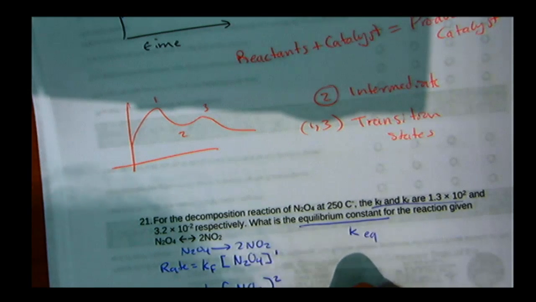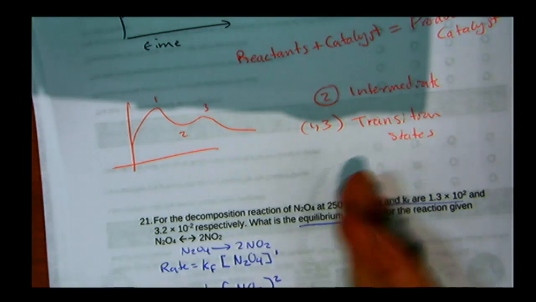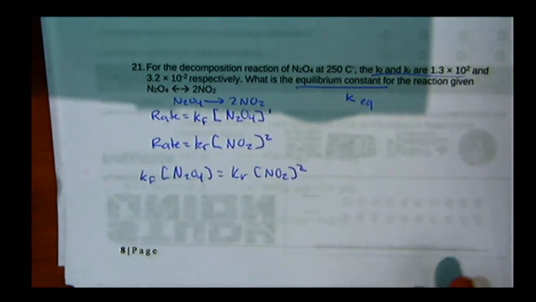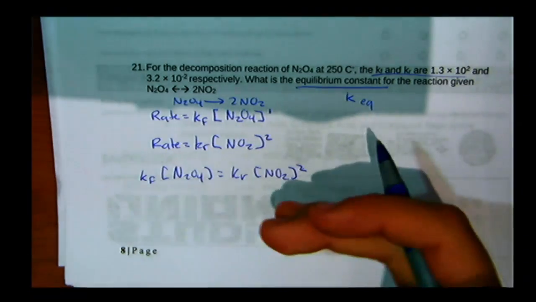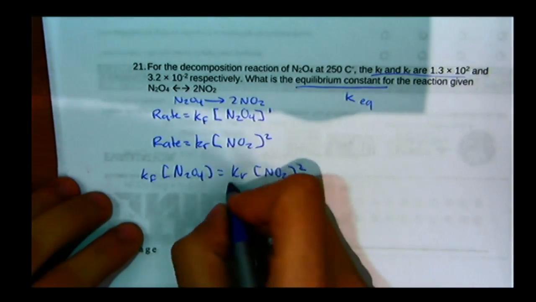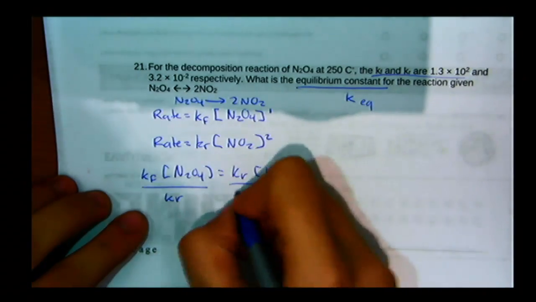We can find our equilibrium constant, or Ke, if we move our K's over to one side. So if we divide both sides by Kr, and we divide both sides by N2O4, because you want it to go away, what are we left with?